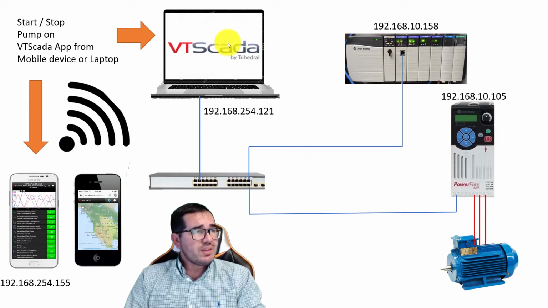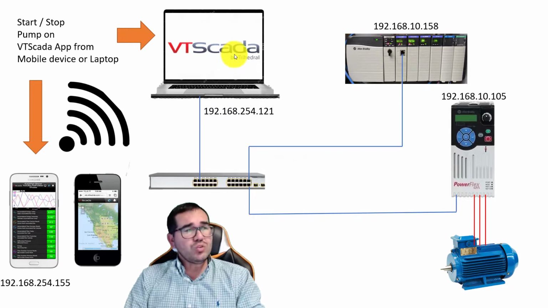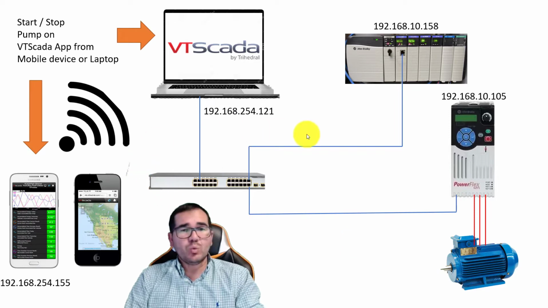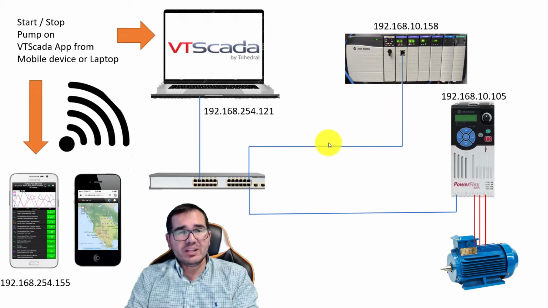Through VTScada, we're gonna start and stop on my laptop, and also we're gonna create a team client, so from my cell phone I will be able to start and stop the same pump. So this is what we're gonna do right now. Let's go to the first step, creating the Studio 5000 application.